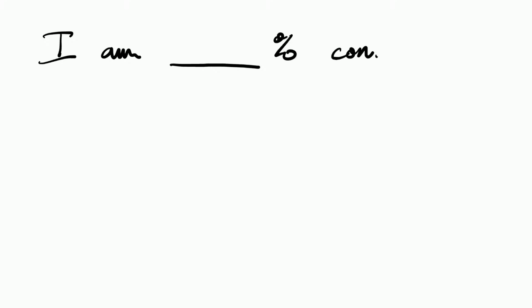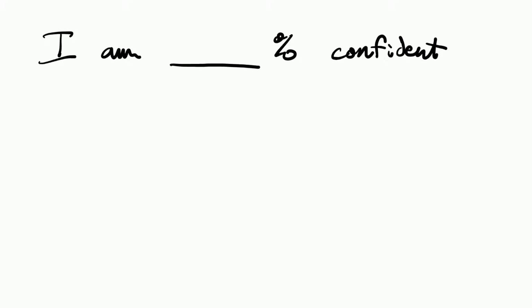What you're going to write, I'll write it out here, then I will type it so that you have plenty of time to digest this. I am blank % confident. So you're going to start your sentence with that, and the thing you put in the blank is your confidence level.